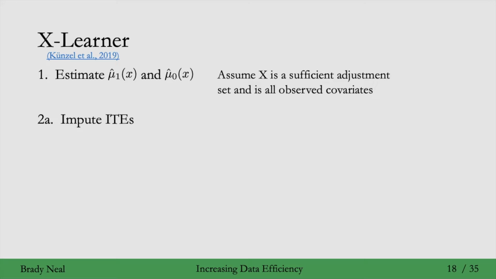Then in step 2, we're going to use the same numbering for the steps here that they use in the paper, but step 2 is kind of like 2 parts. So in step 2a, we impute the individual treatment effects. For the treatment group data, we compute the ITEs for the treatment group using the observed outcome, which is Y1 for each of the individuals i.